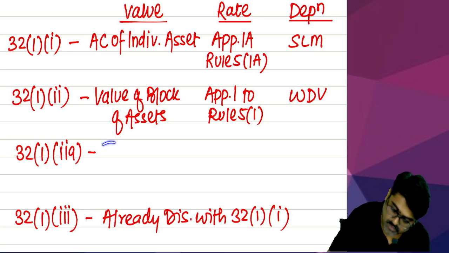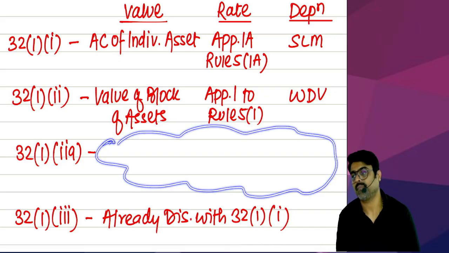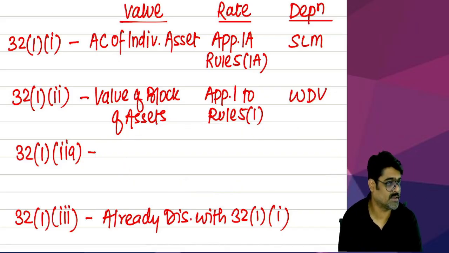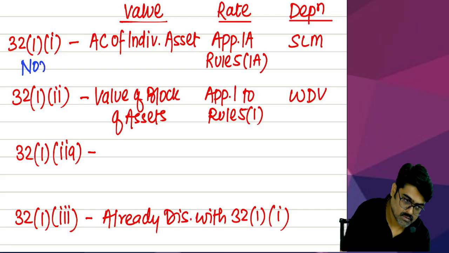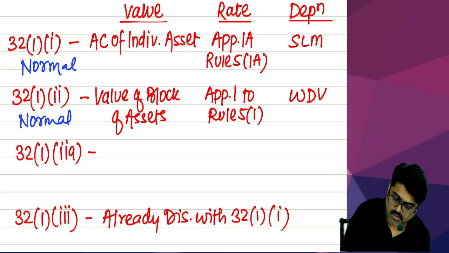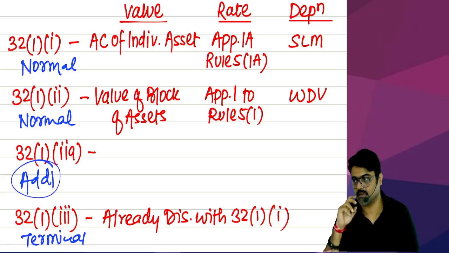Okay. Now I'm going to tell you about additional depreciation. This was normal, this was also normal, this was terminal. And now I am going to tell you additional depreciation. What is this additional depreciation? New depreciation?